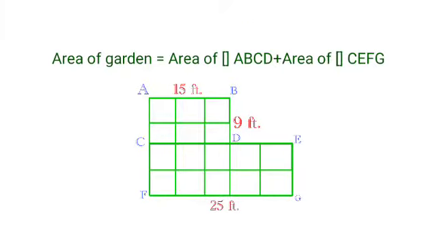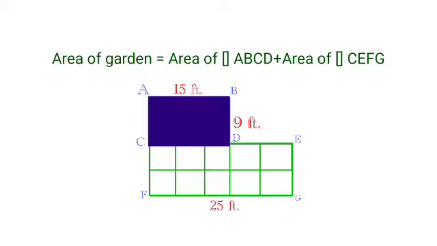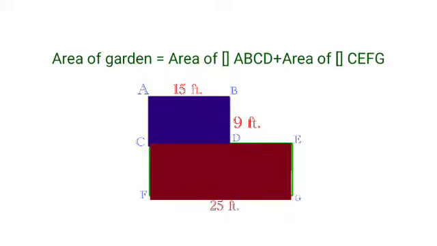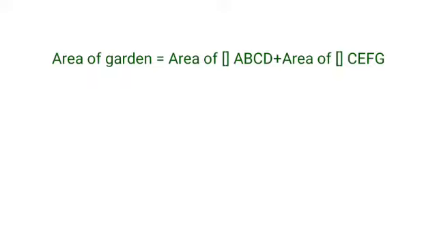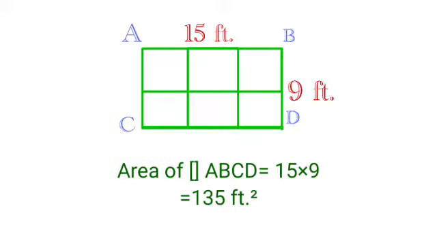Area of the garden is equal to area of the rectangle ABCD plus area of the rectangle CEFG. We find the area of a rectangle by the equation length into width. Area of the rectangle ABCD is equal to 135 square feet.